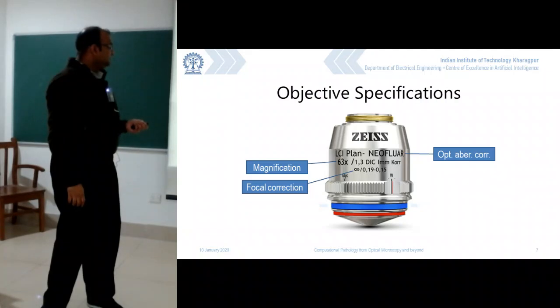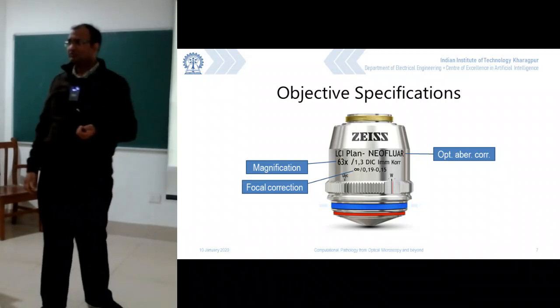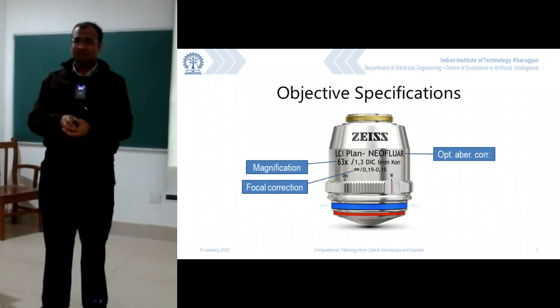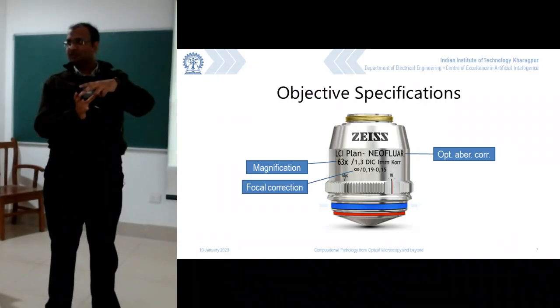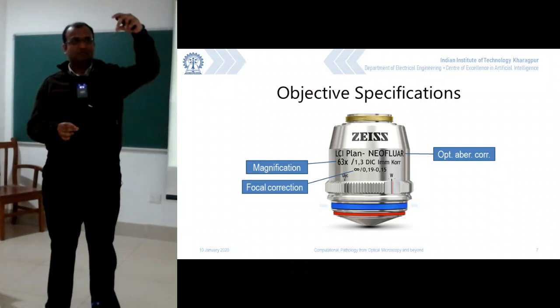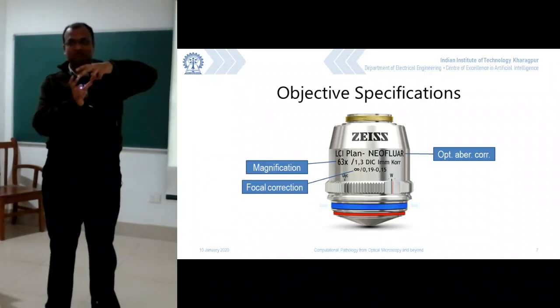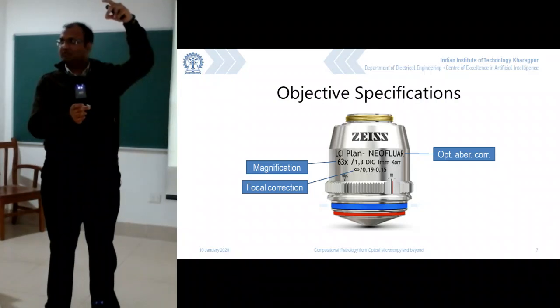Next you have something called an optical aberration correction, and this one particularly is called a neofluar. For optical aberrations you need to remember that you can assume a lens to be made out of, say, two prisms, say triangular prisms where the bases are cemented together. That is almost like what a cross section of a lens looks like.